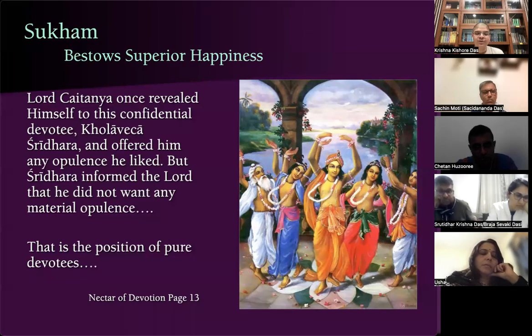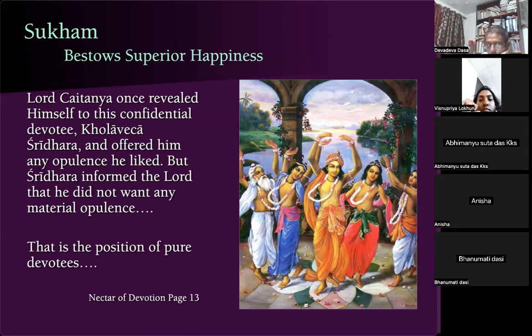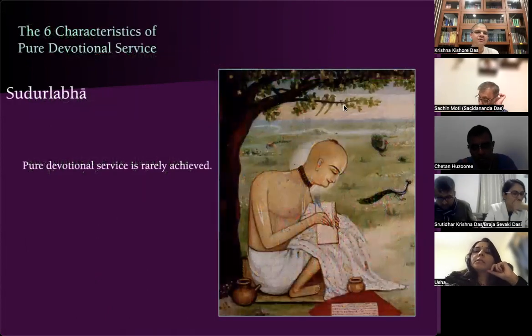And then Chaitanya Mahaprabhu said, you are so rich in your devotional service. Today I declare that even if Lakshmi begs on the street, there will not be a shortage in your home. It is possible that Lakshmi may beg in the street, Lakshmi may become poor, but you will never become poor. That is devotees. The devotees don't want anything except service of Krishna.